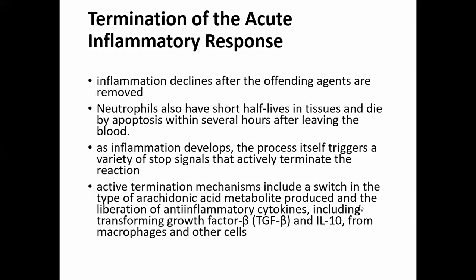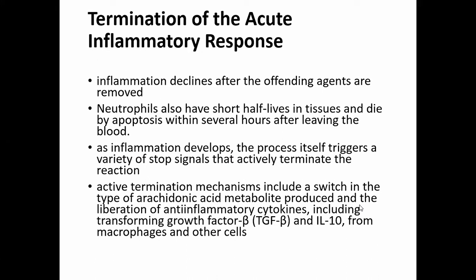Termination of the acute inflammatory response: the inflammation declines after the offending agents are removed, because the neutrophils are short-lived and have short half-lives in the tissues, and they die by apoptosis within several hours after leaving the blood.